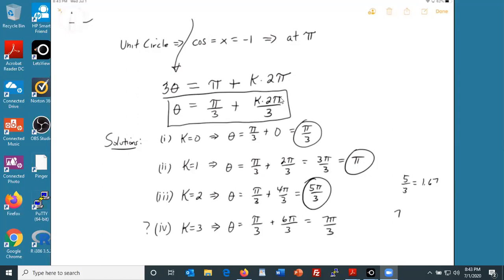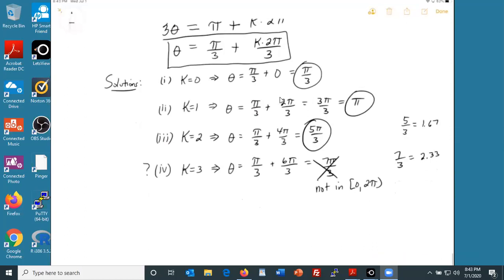Now, what's 7 over 3? 7 over 3 is 2.33. Ah, that's more than 2, so this is not a solution. It's not in the interval 0 to 2 pi. So that means this is where I stop. Therefore, my solutions are those 3 numbers that I circled: pi over 3, pi, 5 pi over 3.